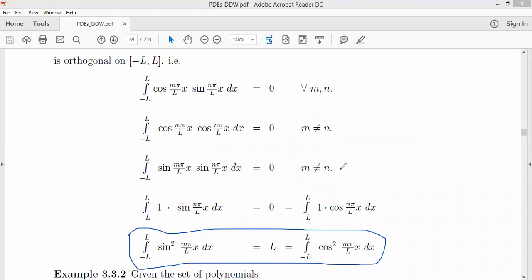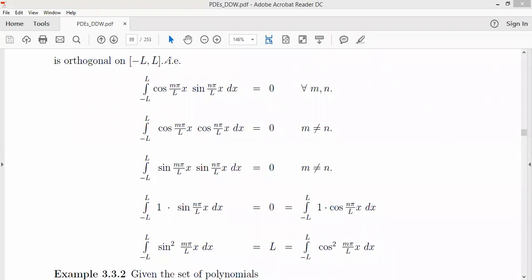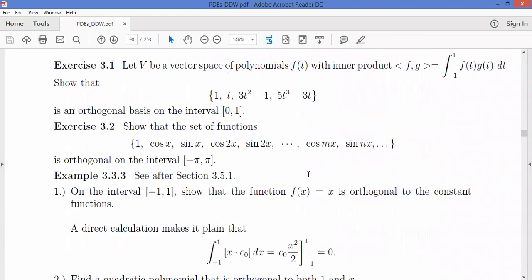If m is not equal to n, it will remain cos m, cos n. But for m equal to n, this is the same as that, and then you bring in the square. If you integrate over that same interval, the cos squared mx, meaning n is m, gives you L here. So the others are zeros. And this now can help us to simplify what we have on the other side. So with that in mind, we can come back here.